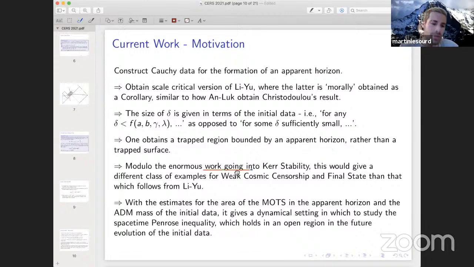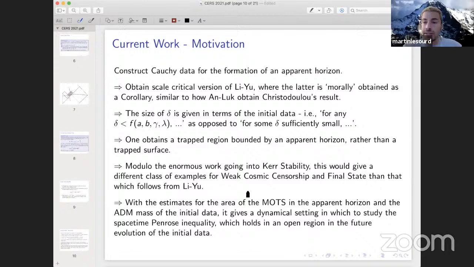And then modulo the enormous work going to Kerr stability, which, granted, is not proven yet, you actually get a class of conditional examples to weak cosmic censorship in final state, which is different from Liu's, because you have different estimates for this milder data, which in particular allows for a weaker statement that you need to use of Kerr stability in order to complete your spacetimes and to go all the way up to future timelike infinity.